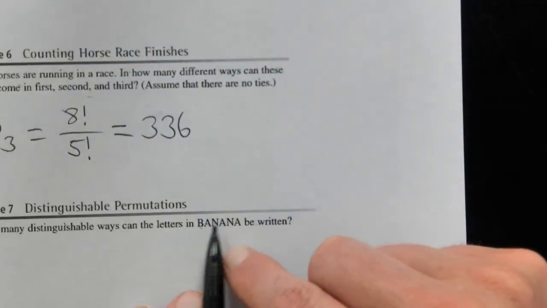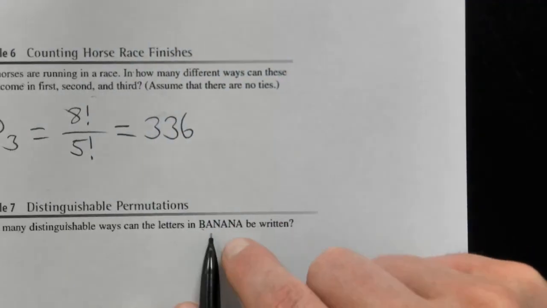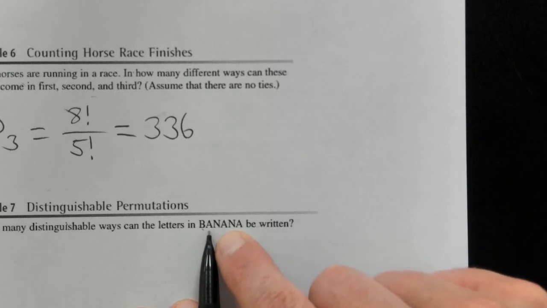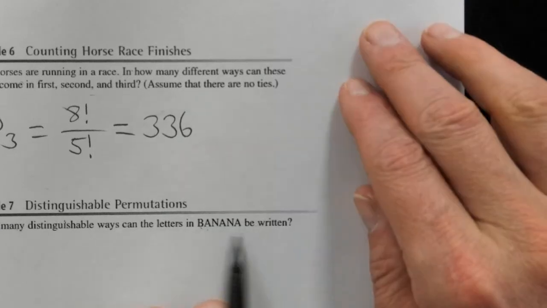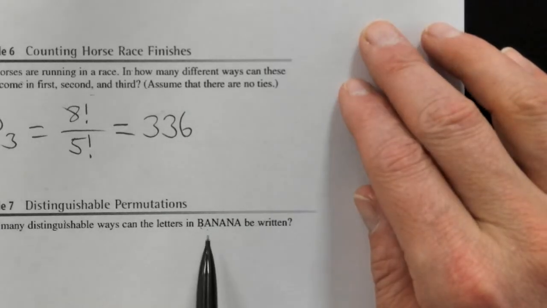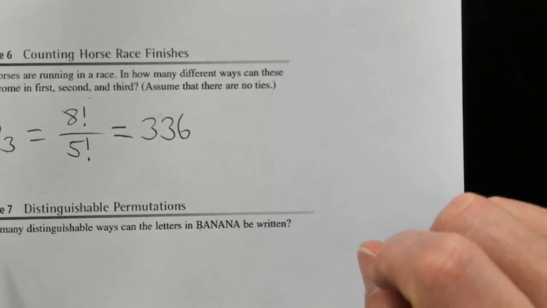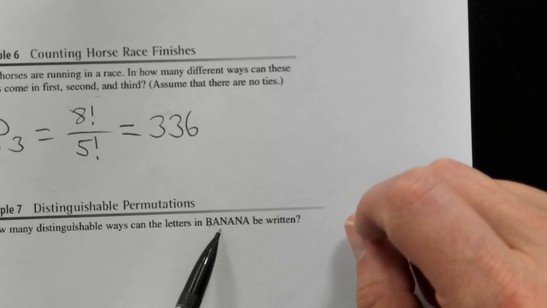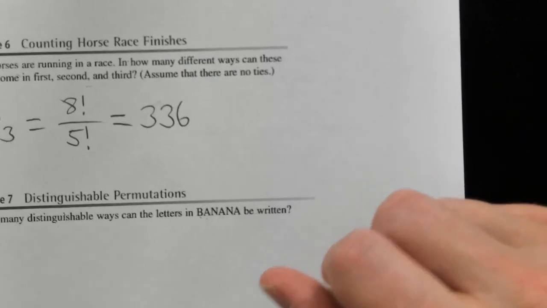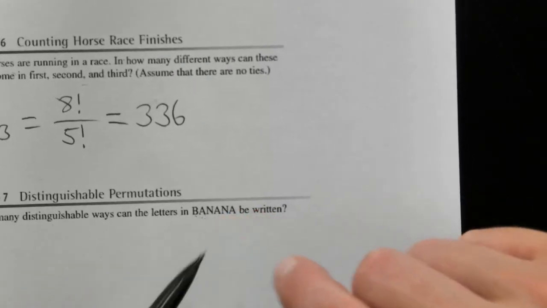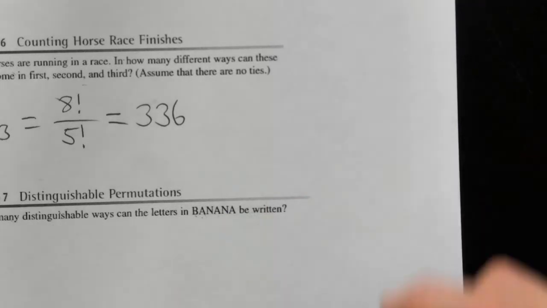So if I switch these 2 A's, technically that's a different permutation, but it's non-distinguishable because I can't tell which A is the first one and which A is the second one. So it looks the same, all right? So it's not distinguishable. So we want to see how many distinguishable permutations we have, not just total permutations, because it looks exactly the same whether the letters A's are switched or not.